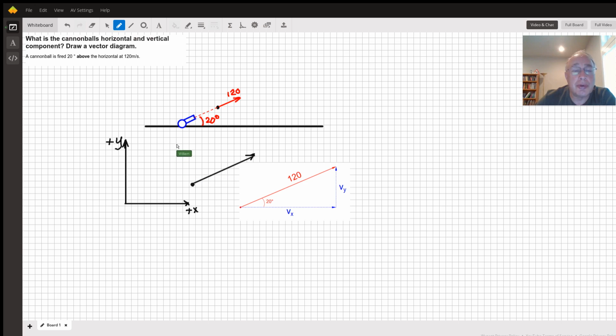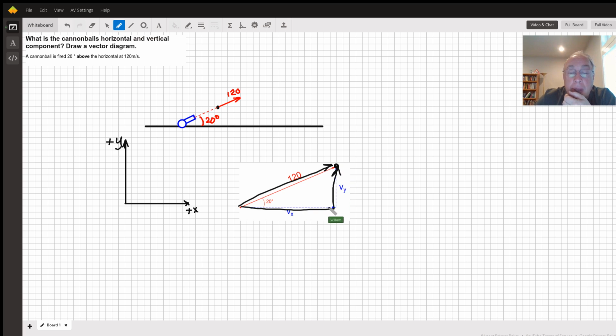So we see here that we've got a vector in the X direction and a vector in the Y direction that represent the sum of the vector in question, the 120. To get to the same place, which would be this location right here, we can either go straight up this way or we can go in two parts.